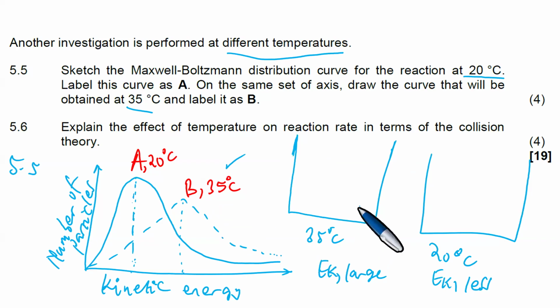If EK is large, it actually means a couple of things. Why is EK large? The temperature is higher, and therefore there are more effective collisions, and the particles run around more of the container.